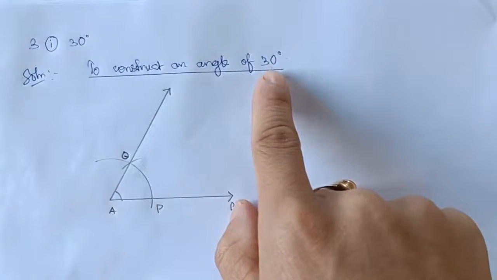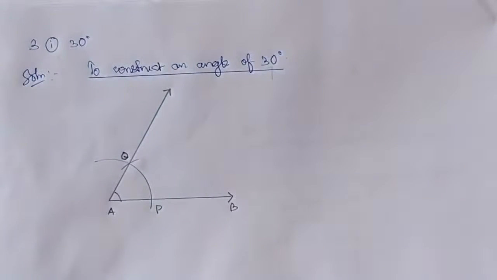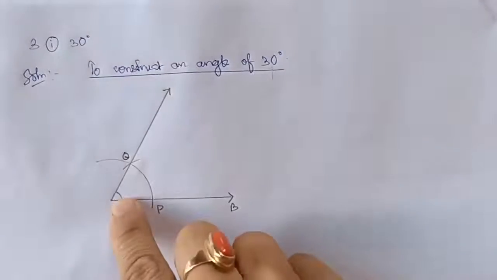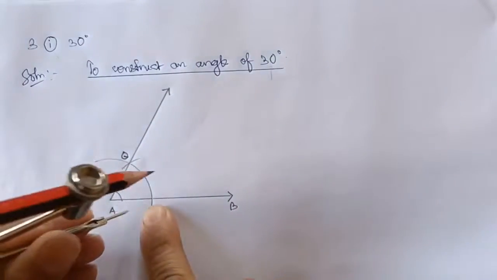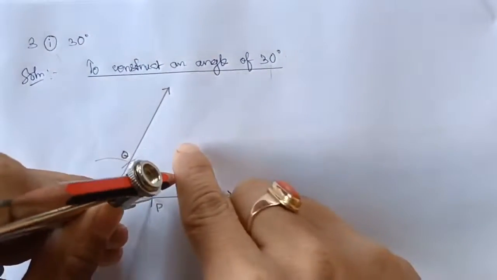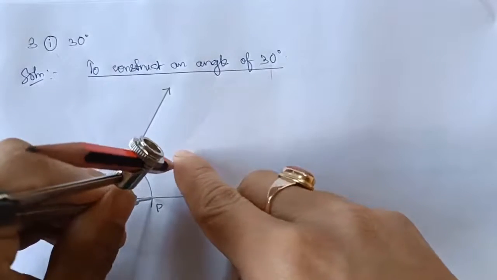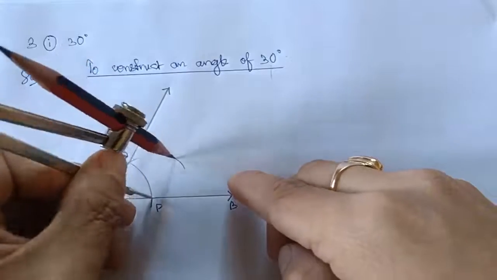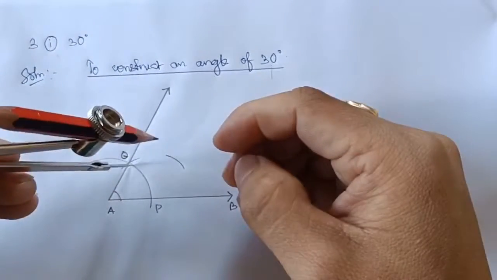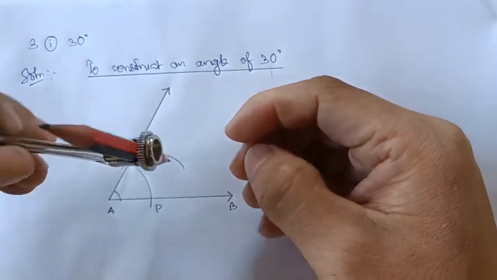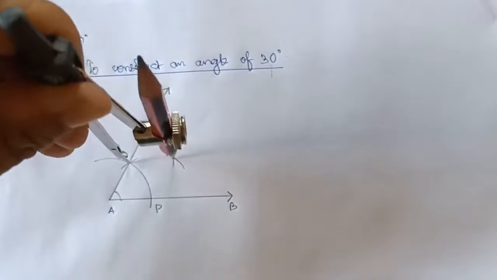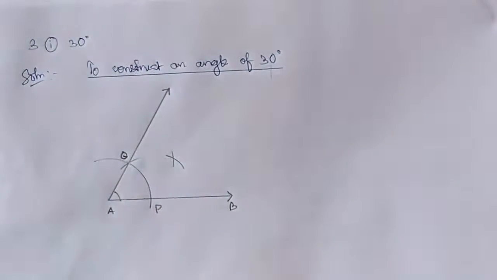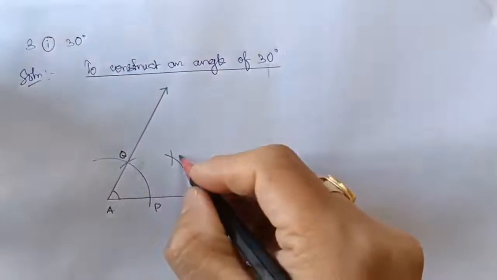So let us draw the angle bisector of this particular angle. With center P, we draw an arc with suitable radius, like this, and with center Q, we draw an arc intersecting the previous arc. That will be our point, say R.